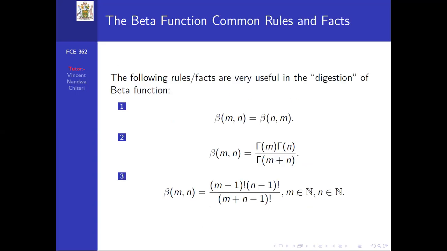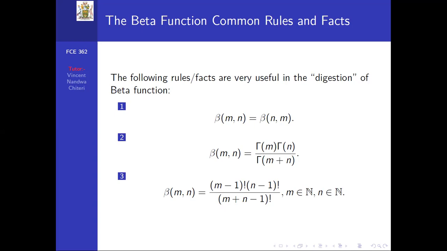Now, also we have some facts about the beta function, that the beta function of parameters m and n is the same as the beta function of parameters n and m. That is, beta of m, n is the same as beta of n, m.